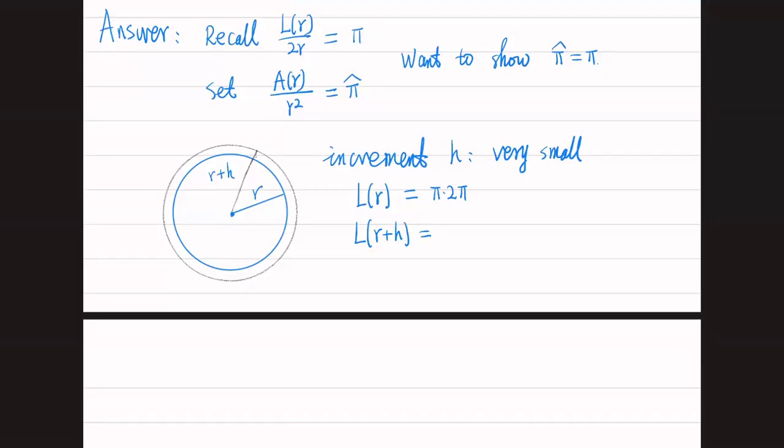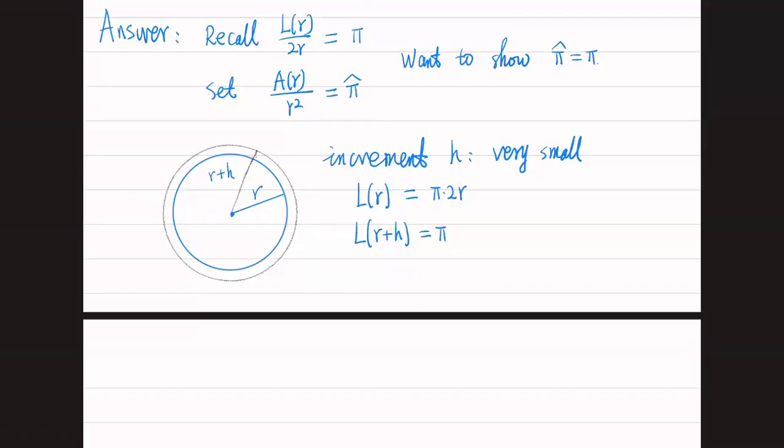Aaron, what would you say? Pi times 2r plus 2r, I think. Okay, let me correct myself. I wanted to write 2r, but I had 2 pi.